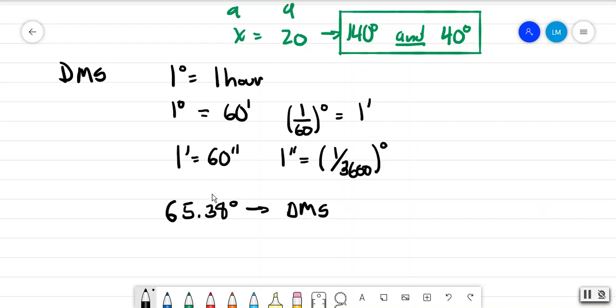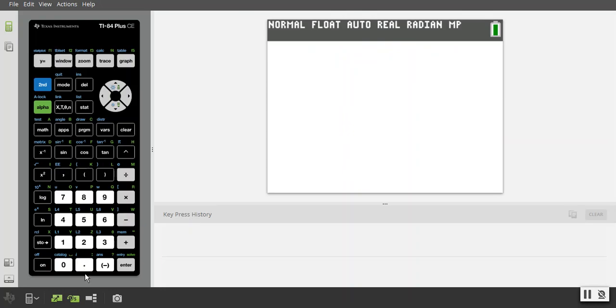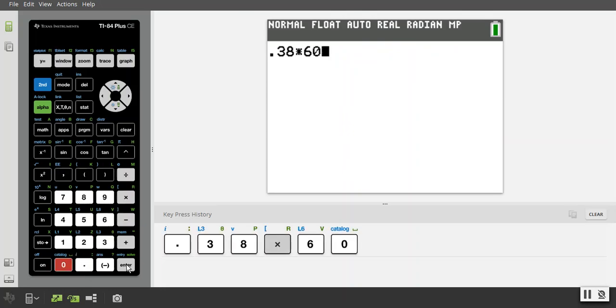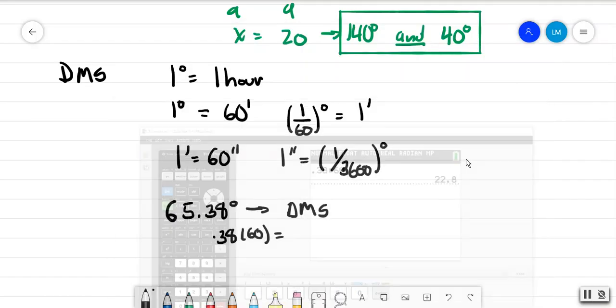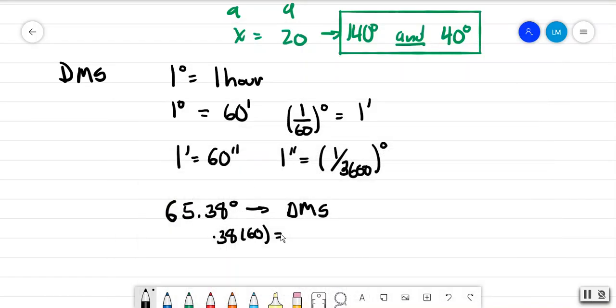The way I would do that is take the 0.38 and multiply it by 60 to see what that gives me for my minutes. 0.38 times 60 gives me 22.8 minutes.